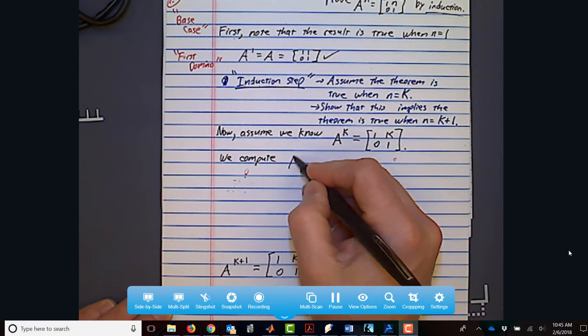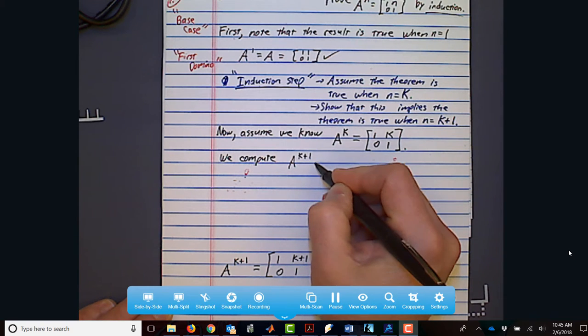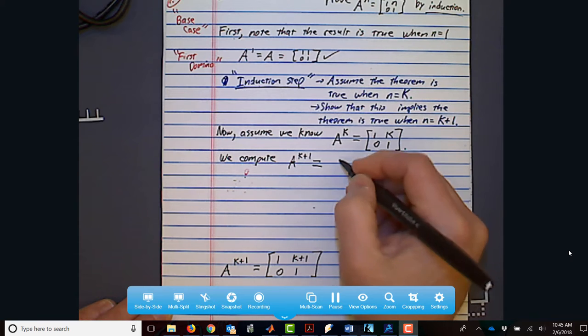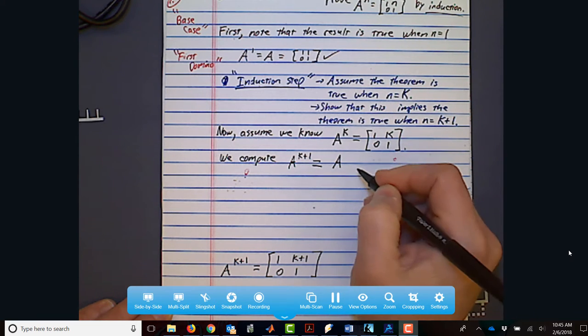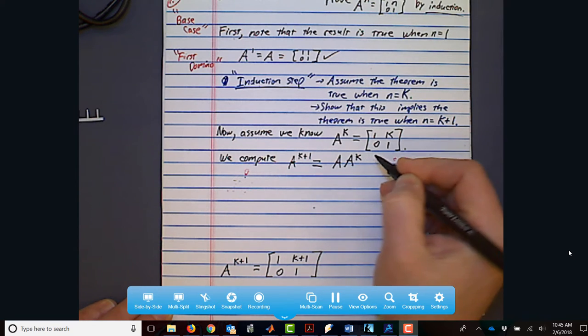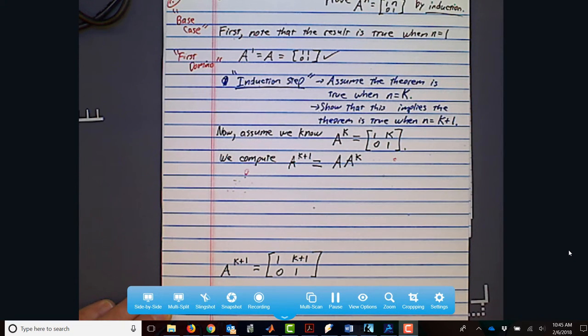So I'll write down the left-hand side, A to the k plus 1. Now what does that mean? Well, that means A times A to the k. By definition, right? That's what it means.